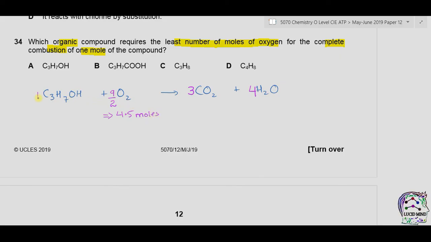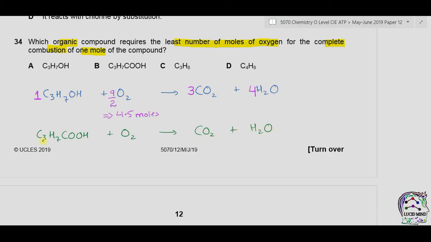So for 1 mole of A, we would need 4.5 moles of oxygen for complete combustion. Now doing it for B, we have C3H7COOH plus oxygen. It forms CO2 and H2O.